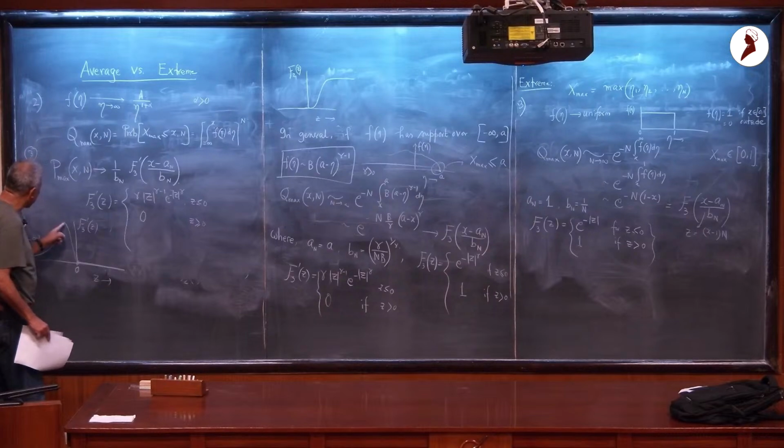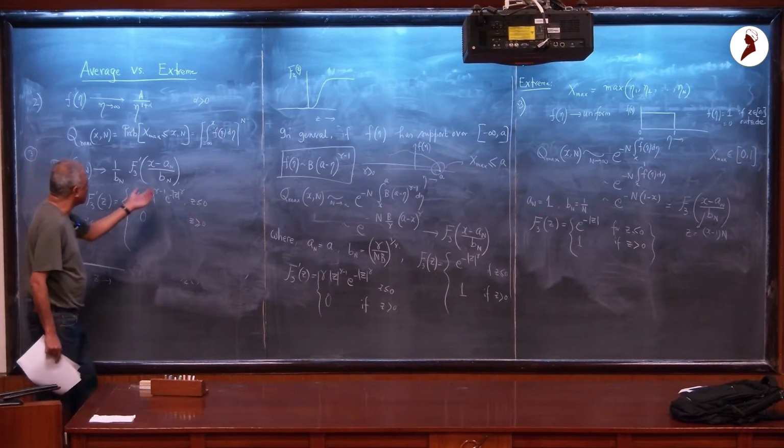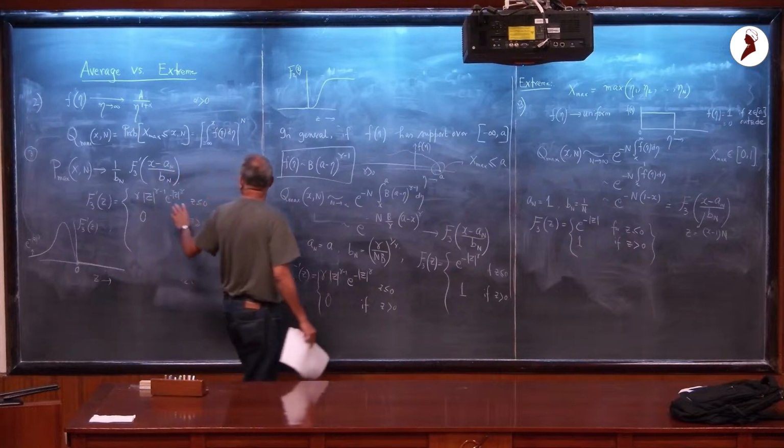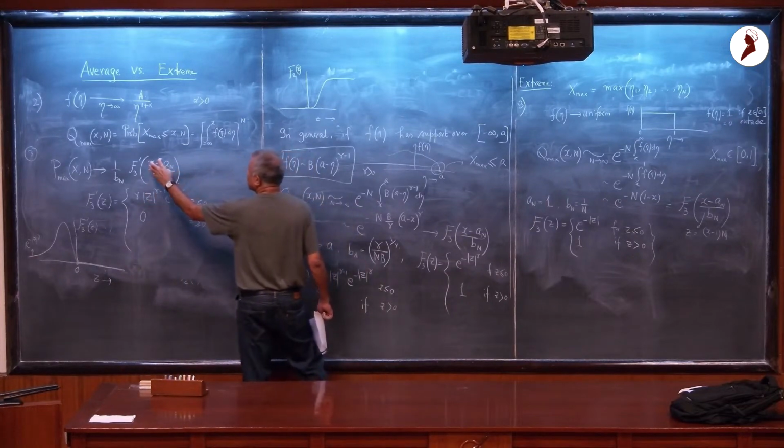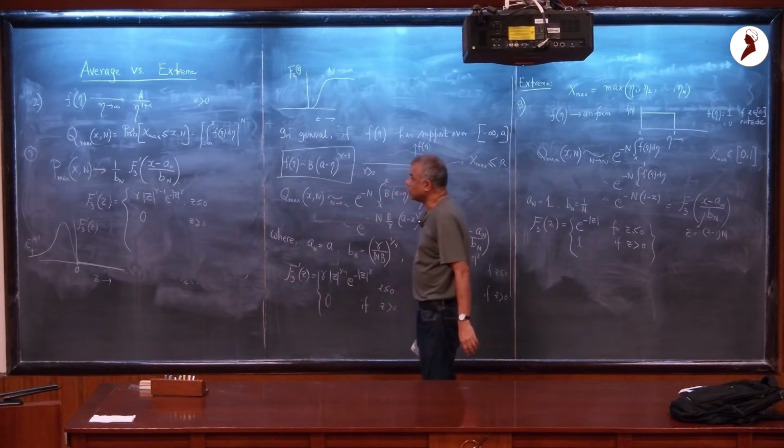So the most likely value of the maximum will be some z, which is of order 1 on the negative side. Negative because it has to be less than A. The way we have written it down here, the argument must be negative. X cannot be bigger than an, so this argument must be negative for it to be non-zero.